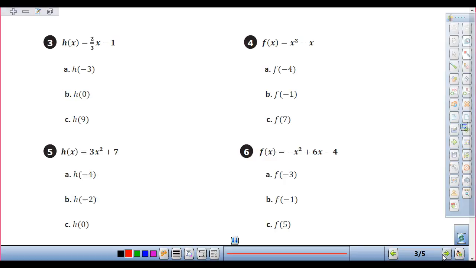All right, let's look at one with a fraction, because those kind of threw us off a little bit yesterday, right? So we've got 2/3 times negative 3. So plug that into your calculator.